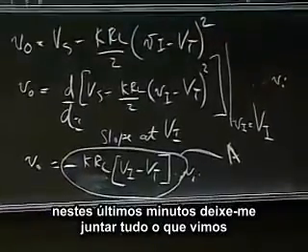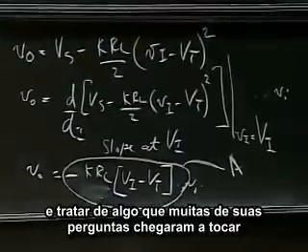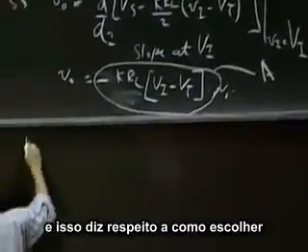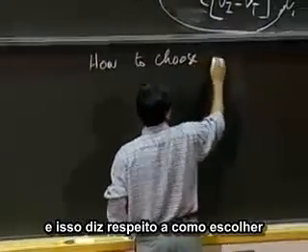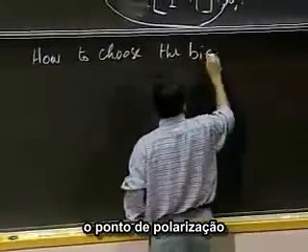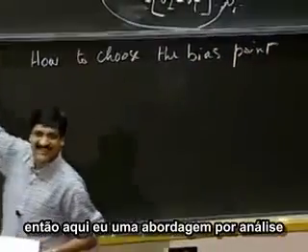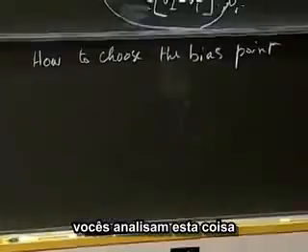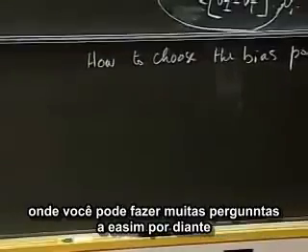So in the last few minutes, let me pull everything together and also hit upon something that many of your questions touched upon, and that all relates to how to choose the bias point. Here I've taken an analysis approach. When teaching, we often say here's something, you're given something, you analyze it. But as you begin to master it, you can begin to design things where you can ask what-if questions.